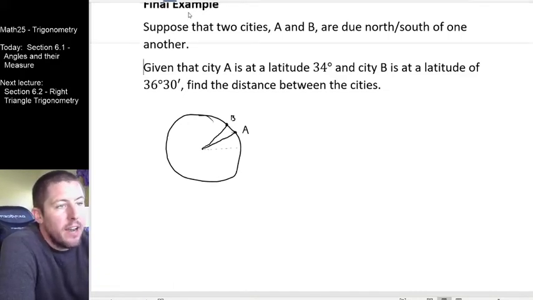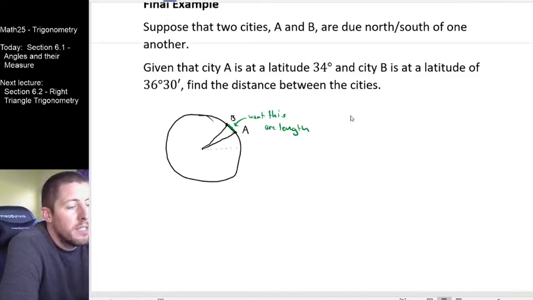So our desired quantity is this arc length right here.